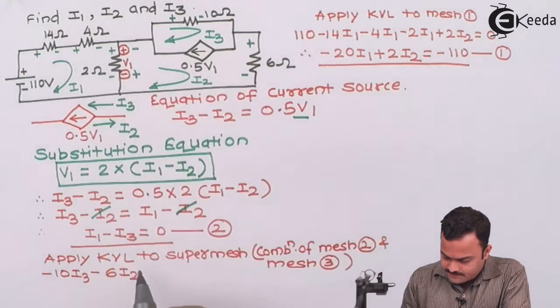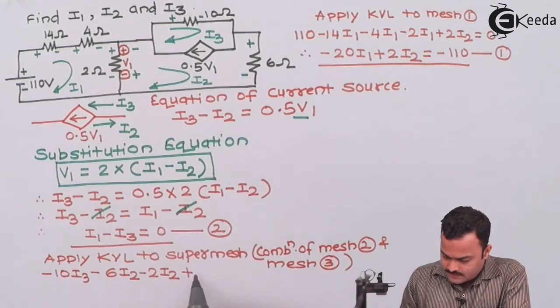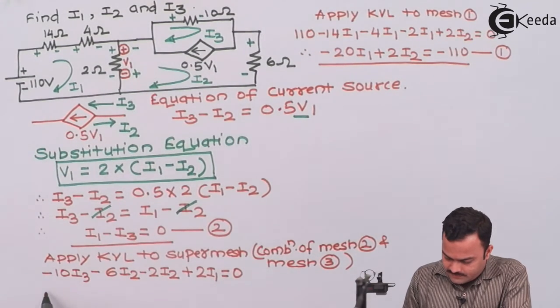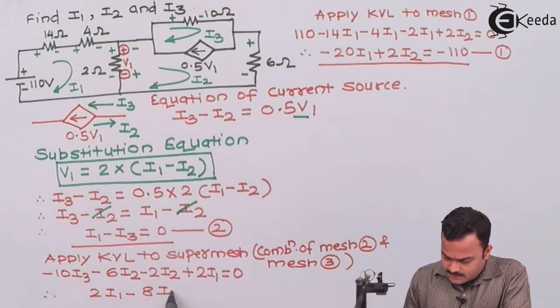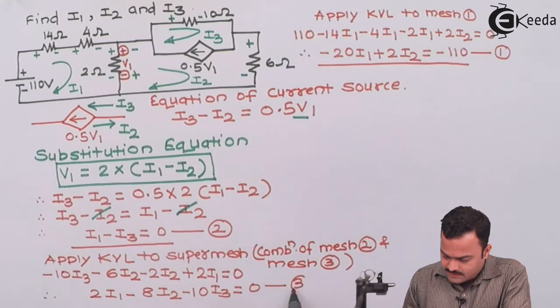Then plus minus 2 I2, minus plus 2 I1 equal to 0. So after simplifying we'll get the third equation as 2 I1 minus 8 I2 minus 10 I3 equal to 0.